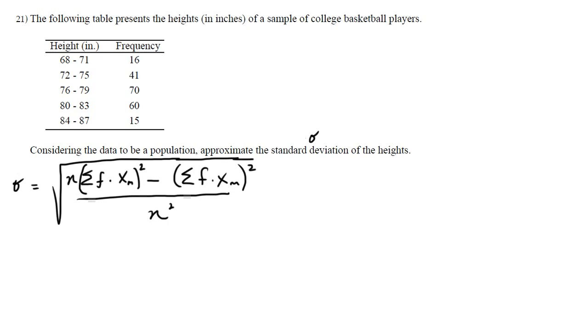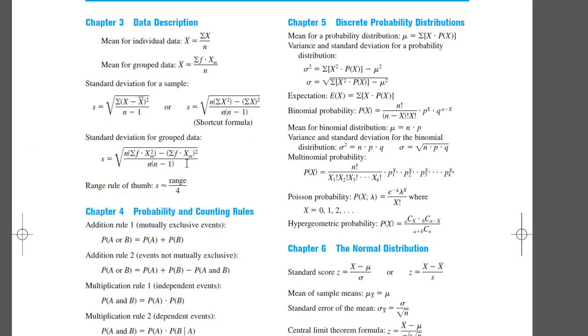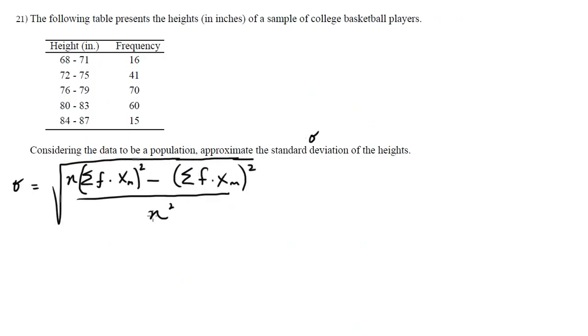Let's look back, make sure we've got that right. Instead of n times n minus 1, it's n times n. That's our formula that we'll be using.